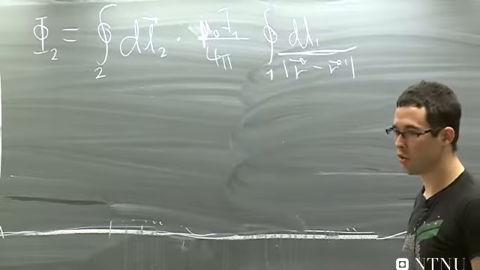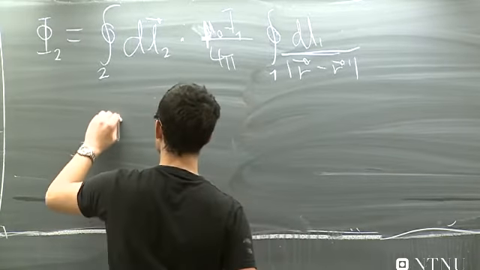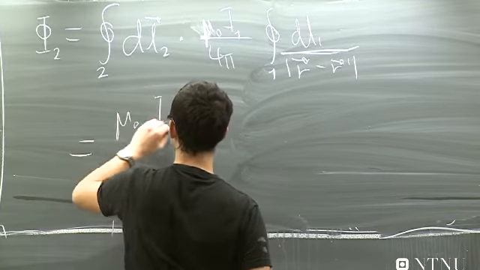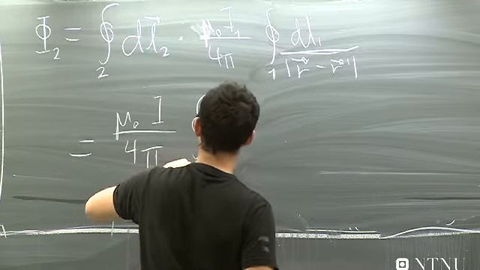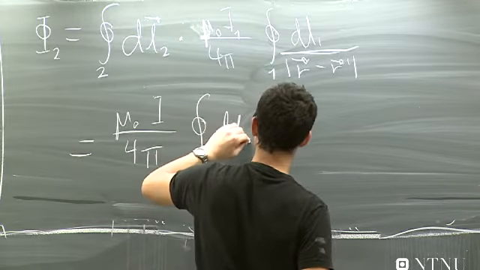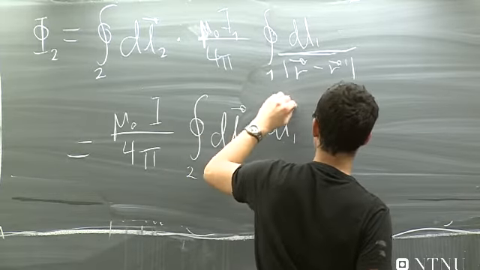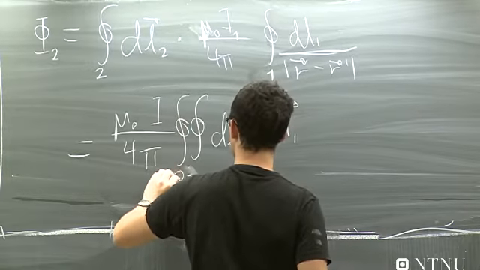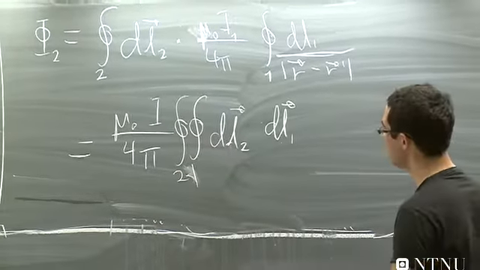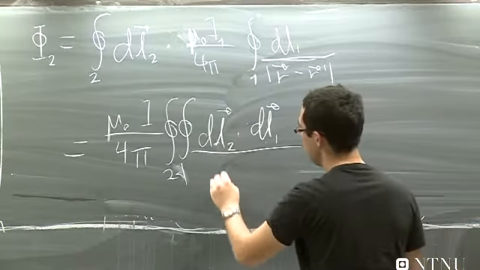This is of course just constants which I can move outside. So I rearrange. There's two loop integrals. And then there's the dot product of the line elements over the distance between them.